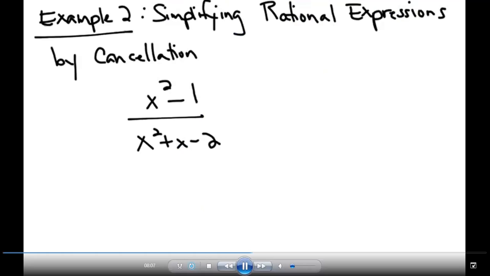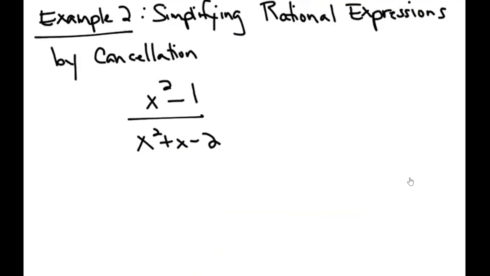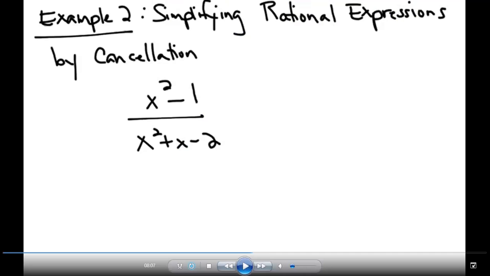Okay, so now for this part, we are to simplify rational expressions by cancellation. So basically what you want to be able to do is factor some stuff, okay? If you can factor it in either the numerator or denominator, then from there you can cancel out anything that is similar, understand?